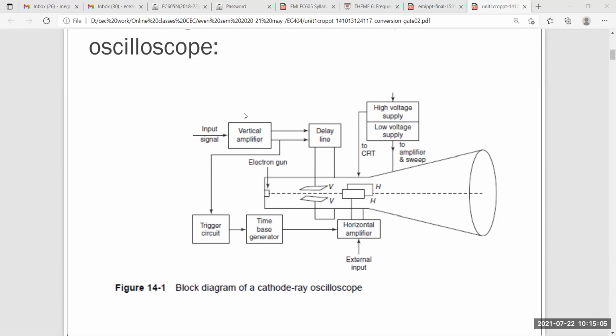Why do we use an amplifier? You know amplifiers, right? What is the function of an amplifier? Can anyone tell me? We have connected two amplifiers accordingly with the plates, one with the vertical and another with the horizontal. What is the function of the amplifier?